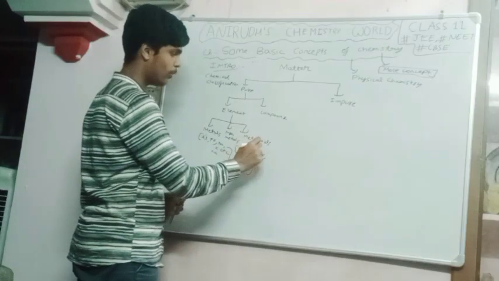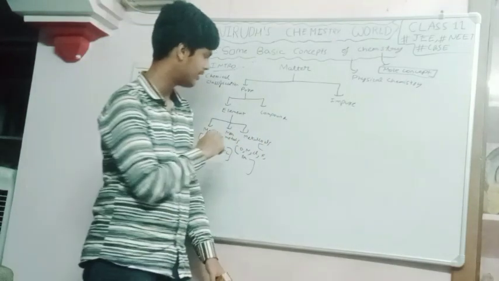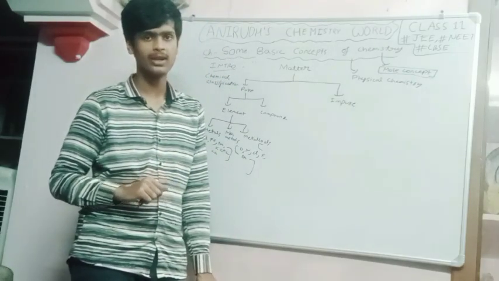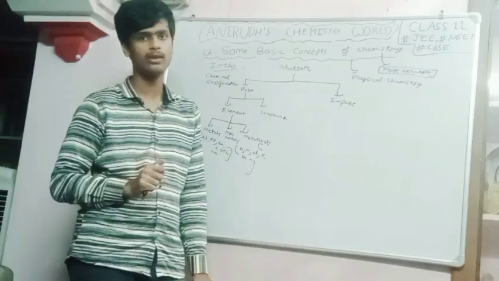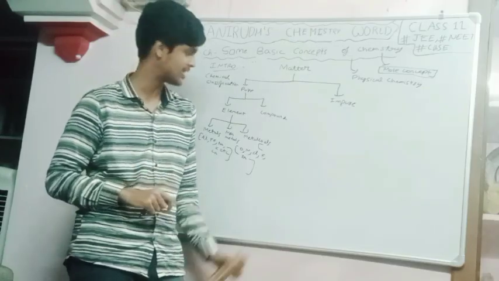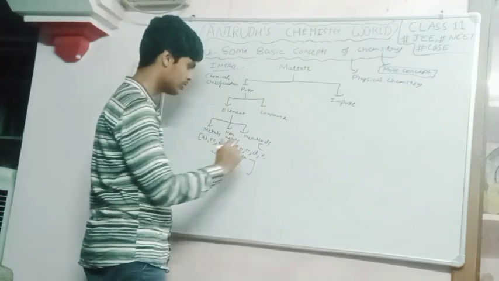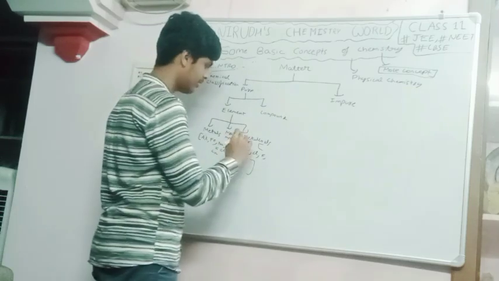Now metalloids. You might have heard about silicon and germanium semiconductors. The elements used as semiconductors are nothing but metalloids.